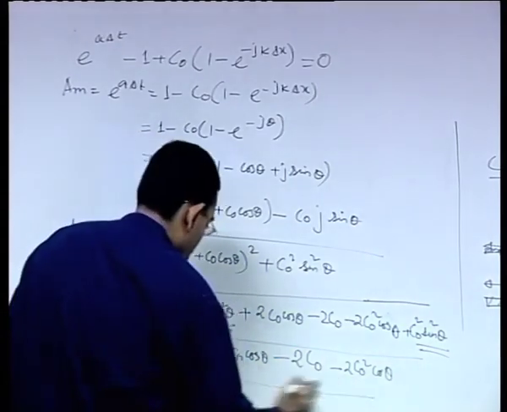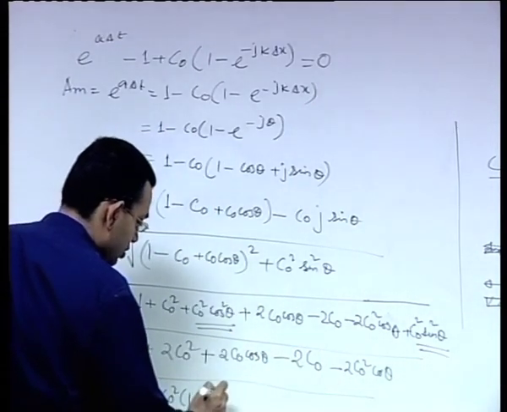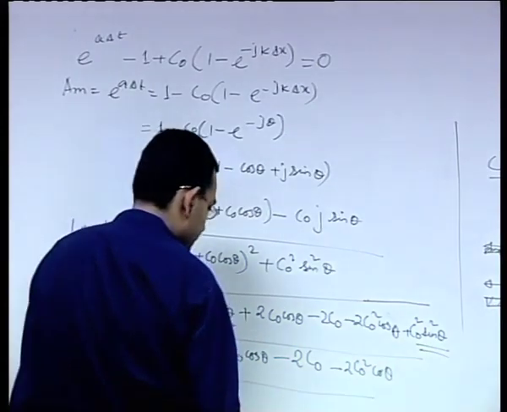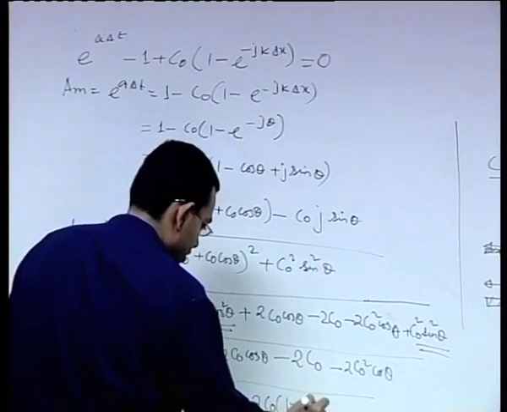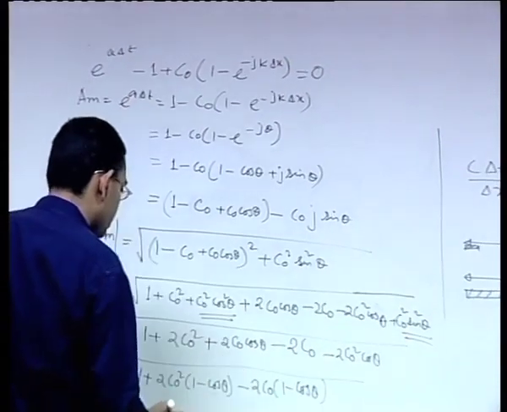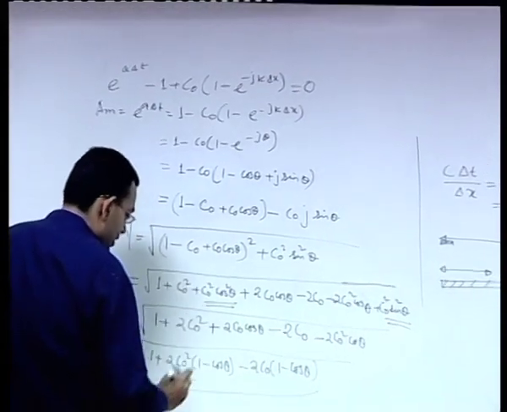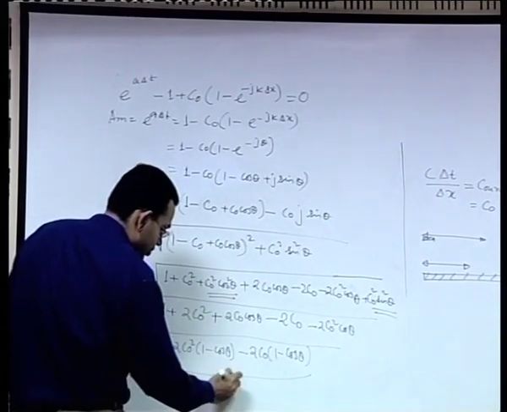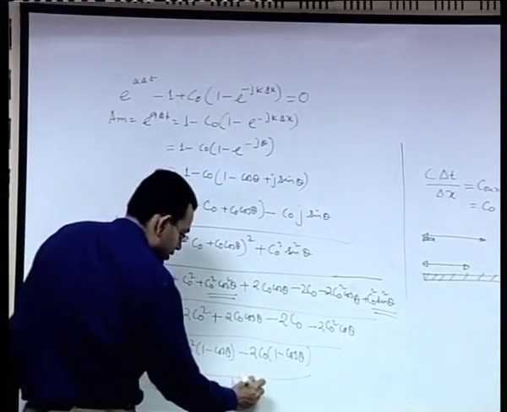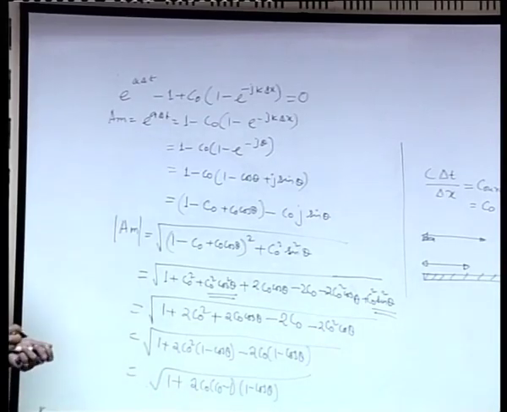So, 1 plus 2 C naught square into (1 minus cos theta) minus 2 C naught into (1 minus cos theta). One plus 2 C naught into (C naught minus 1) into (1 minus cos theta). Okay.